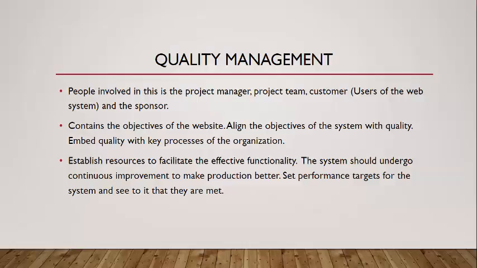So to ensure quality is managed and maintained, we have continuous improvement to make sure that the website meets the various functions that it is designed for. So here we set the targets for our website, and when we are done with the website, we compare to see that we've met our target.